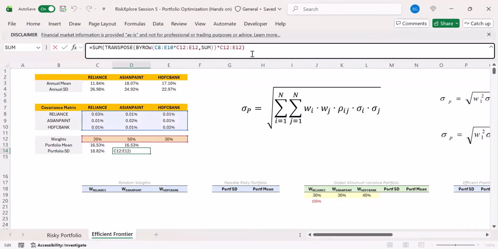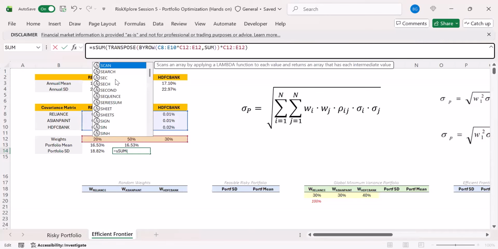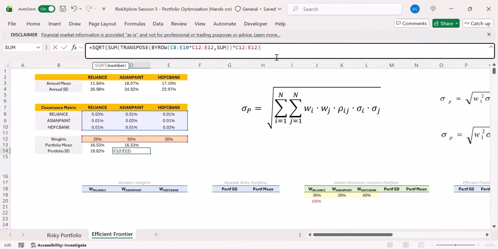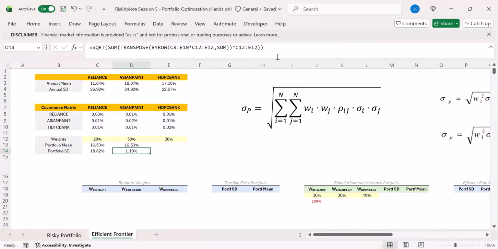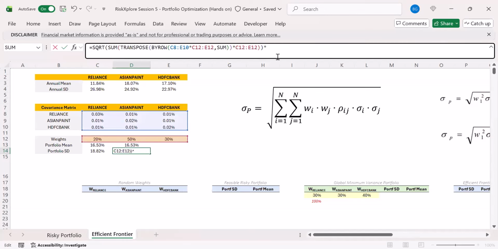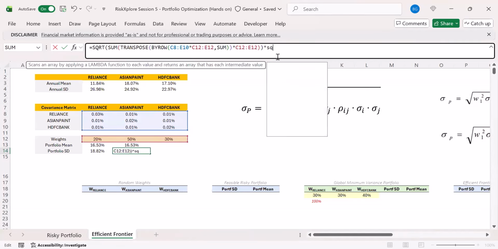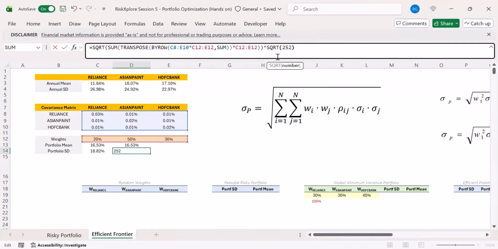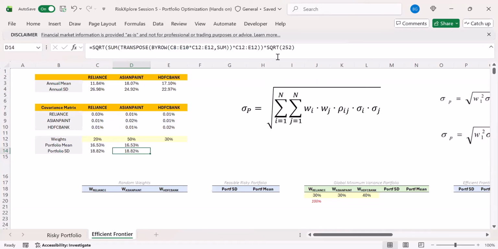Now we have to use square root here to get the SD, and we have to multiply this by square root of 252 to get annual SD. Okay, this is one way.